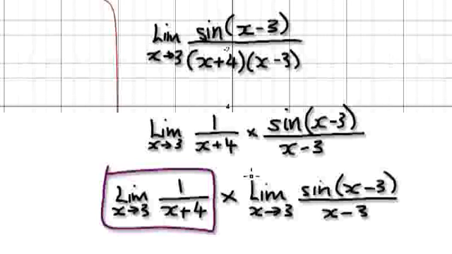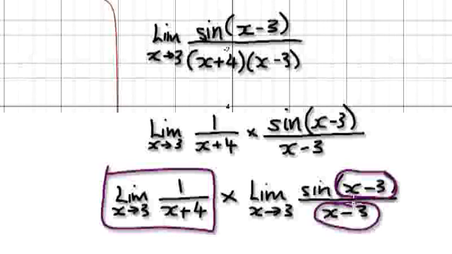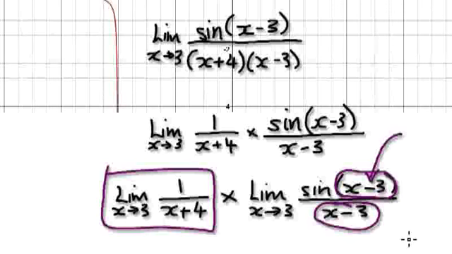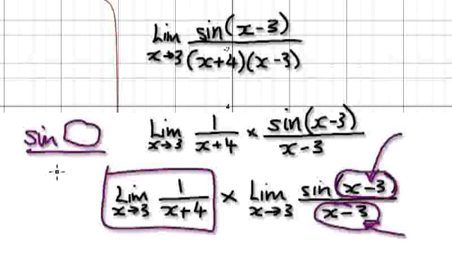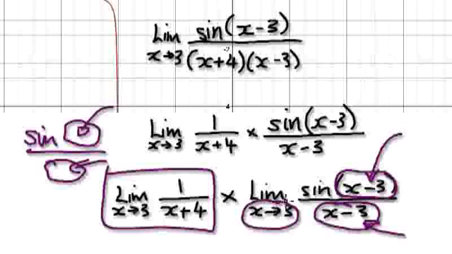Now here's the thing. You're taking the limit as x approaches 3. As x approaches 3, this bubble here will head towards 0, and this bubble here also heads towards 0. So you've got sine bubble over bubble, and the bubble actually heads towards 0 when x approaches 3.